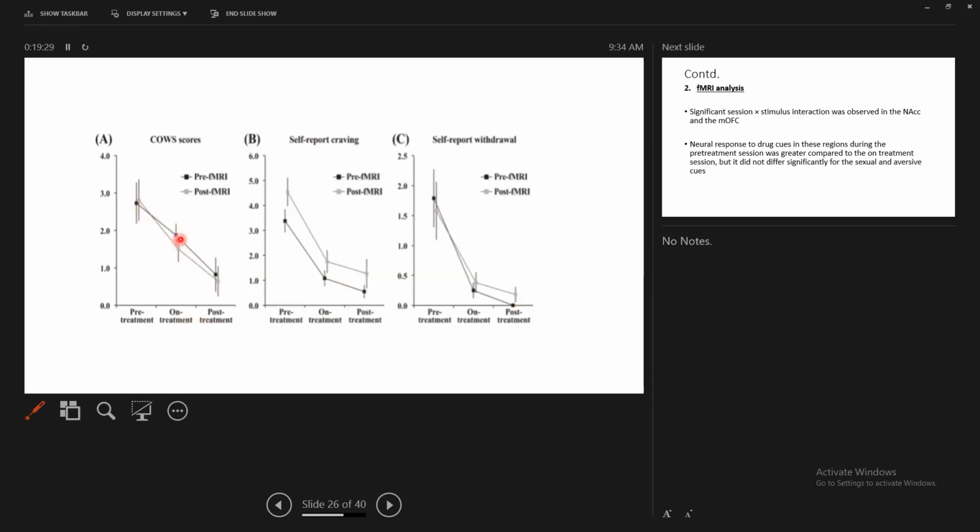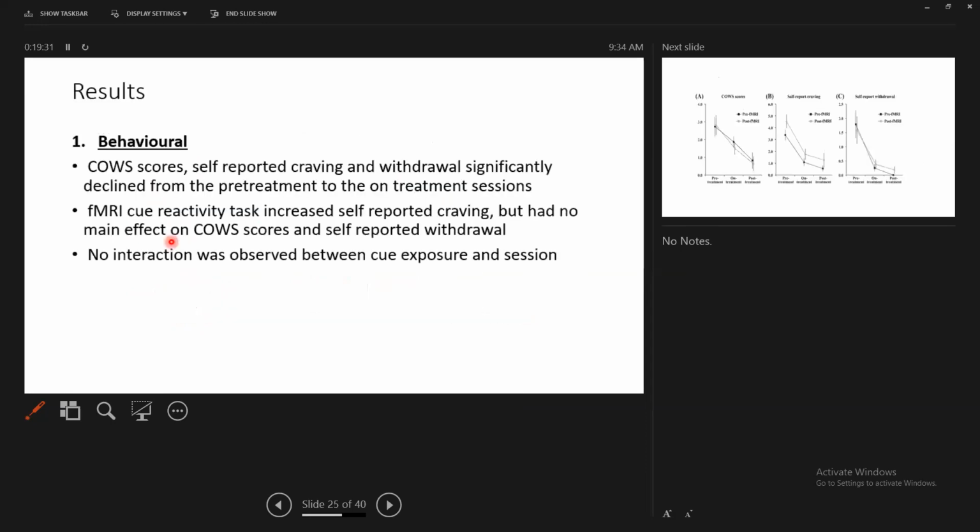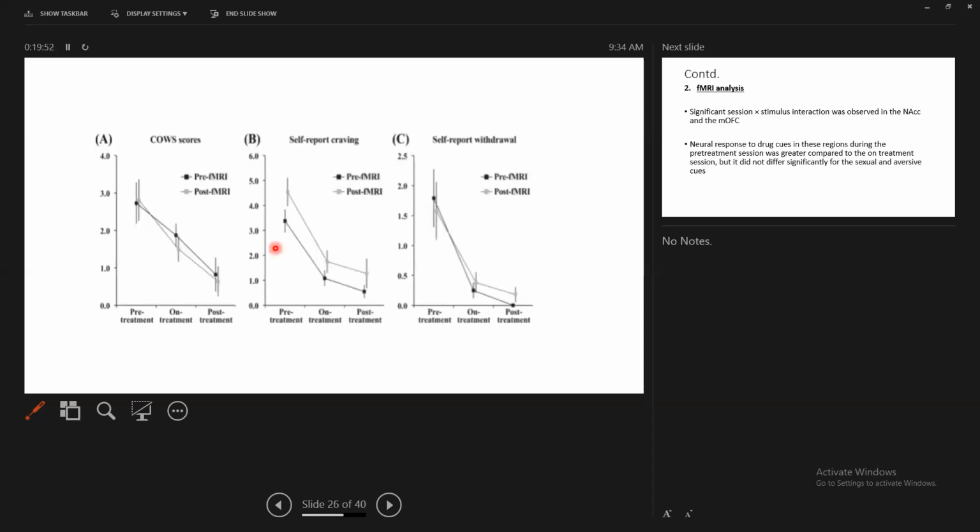That has also been mentioned here: COWS score, self-reported craving, and withdrawal significantly declined from the pre-treatment to the on-treatment sessions. So all the three scores had declined, which represents that XNRTX had an effect. This is only one part of the study.